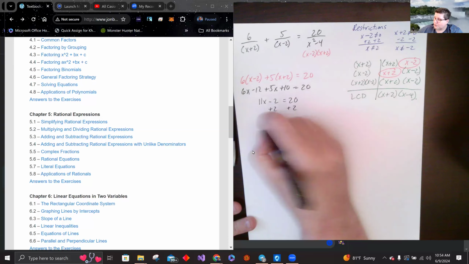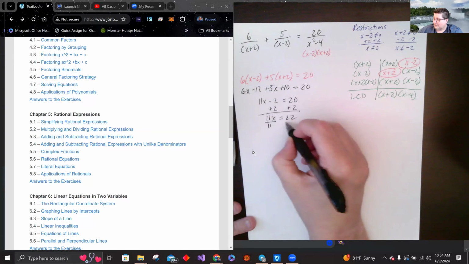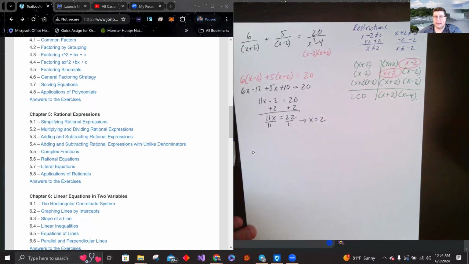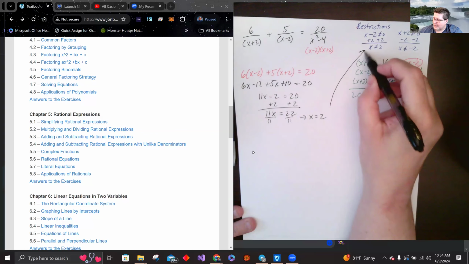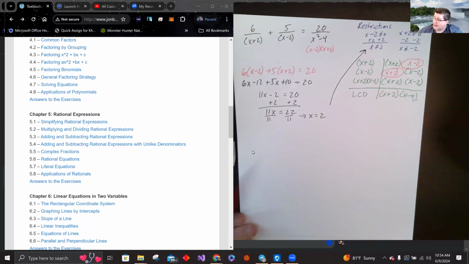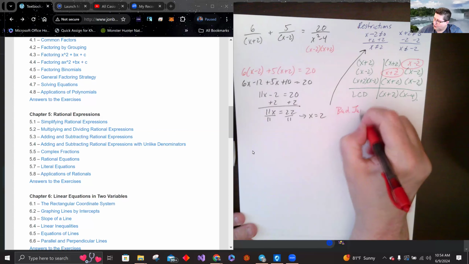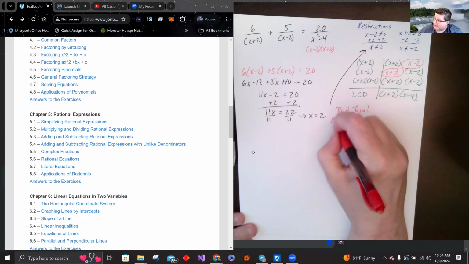I add 2 to both sides, I get 11x equals 22. I divide by 11 and I get x equals 2. I check my domain restrictions and bam, x equals 2 is bad juju. Alert, alert, red alert.